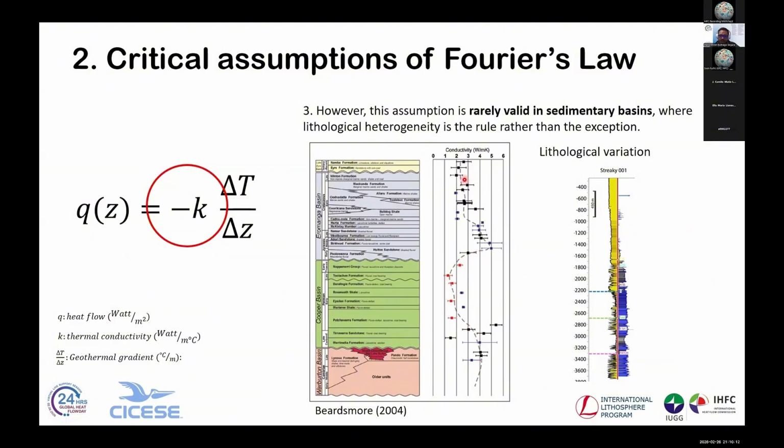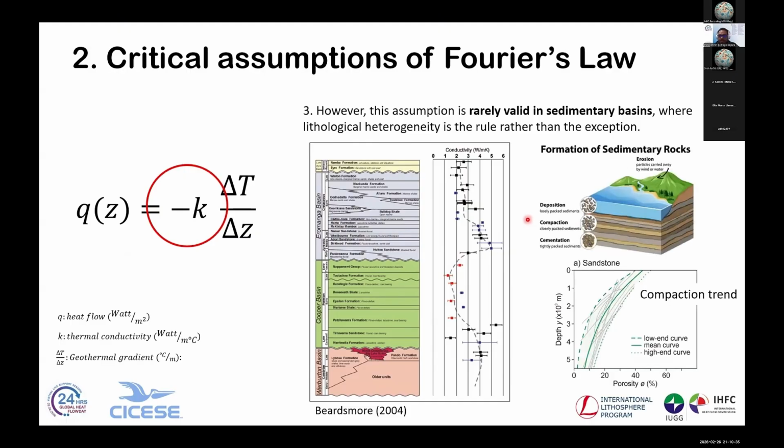This short variation could be related to lithological variations. We know that sedimentary basins are not homogeneous. We can have sandstone, limestone, claystones, different layers with different properties, with different mineralogy, and as a result, different conductivities.